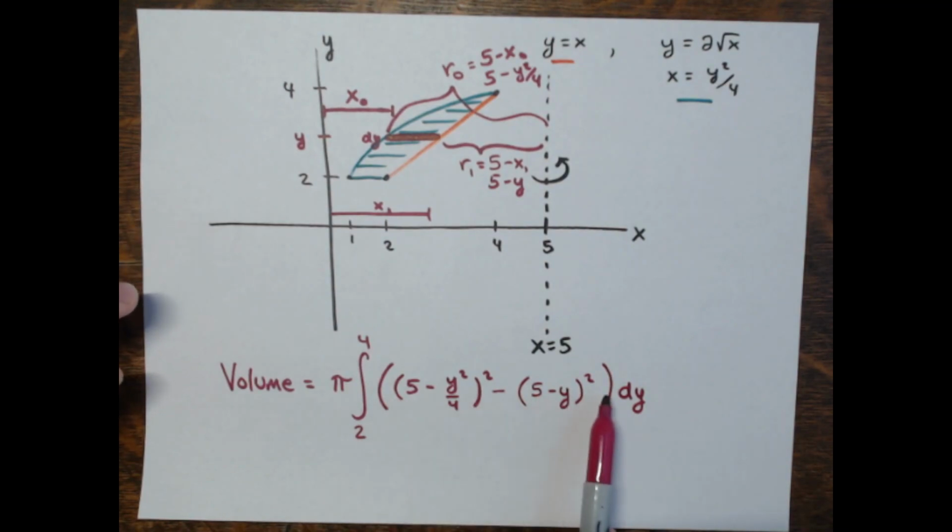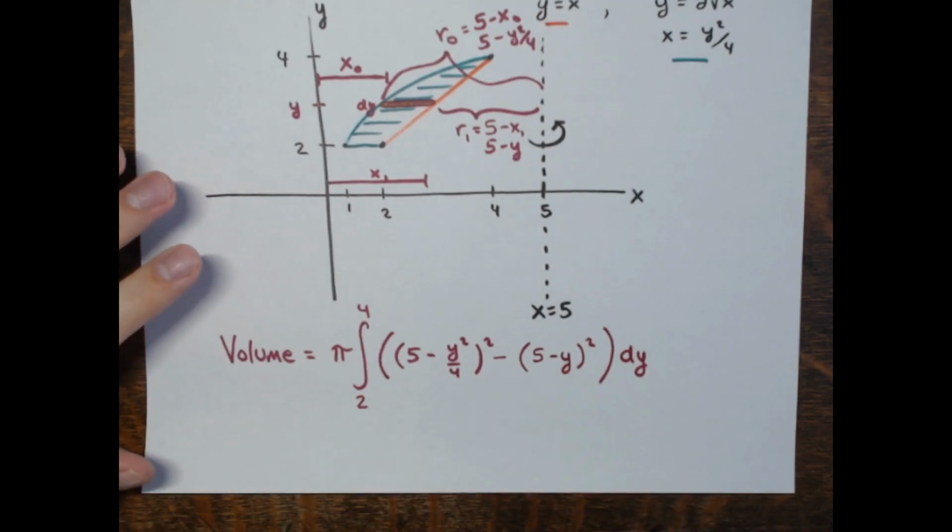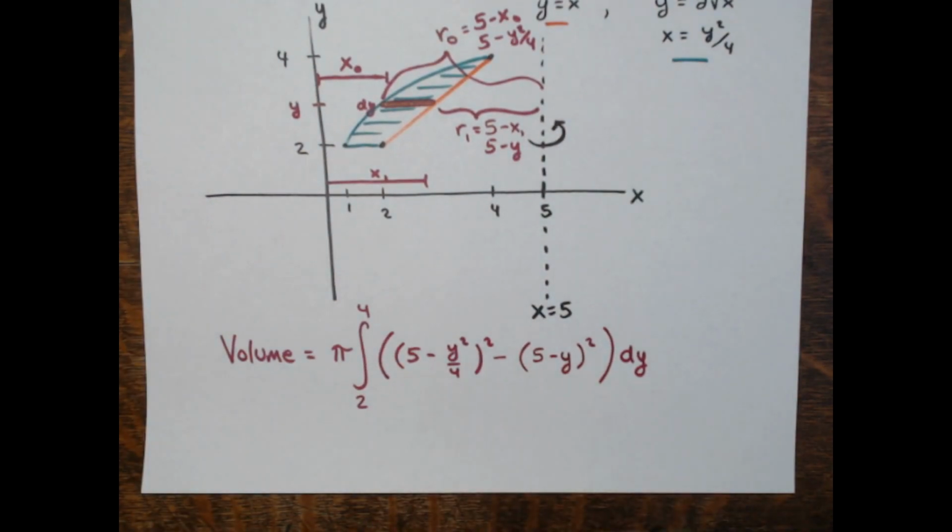Once again, this is a nice polynomial, and I've got rational coefficients and rational limits of integration, so I'm going to just enter this into Desmos and multiply it by pi.